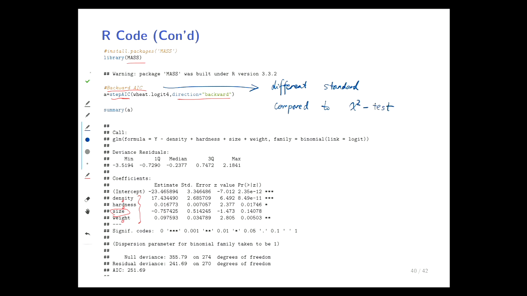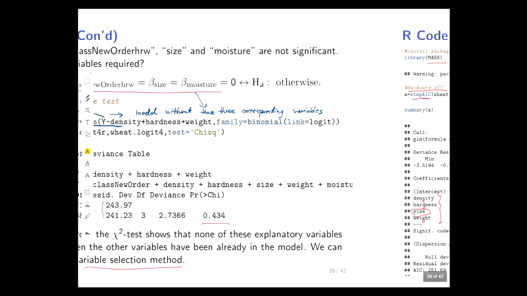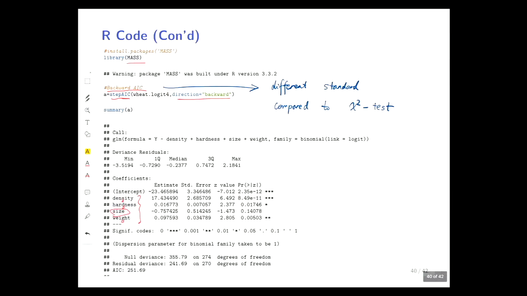Because it's a totally different standard, if you still remember, the testing idea is from the theory of hypothesis testing, but the AIC idea is from balancing the goodness of fit and the number of variables. Because it's a totally different standard, sometimes we have different results.